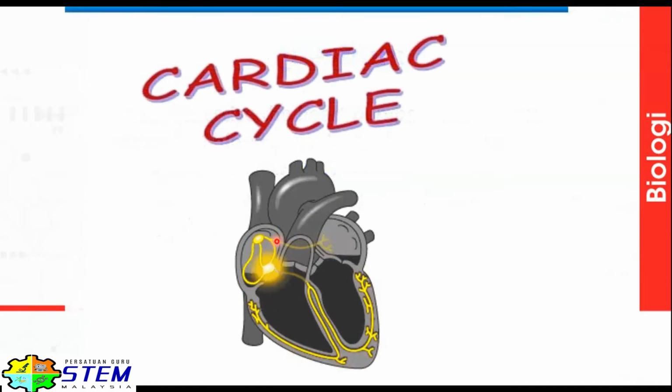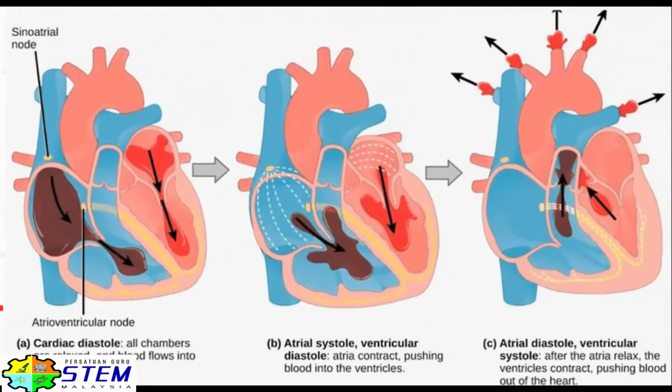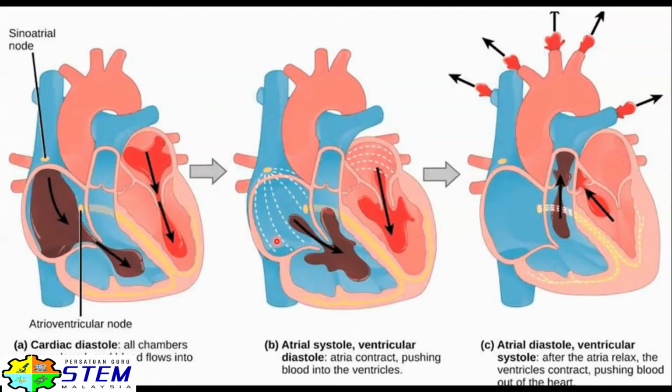Okay, cardiac cycle. So this is the process of the cardiac cycle. You can see we have a few terms here: cardiac diastole, atrial systole, ventricular diastole, atrial diastole, ventricular systole.